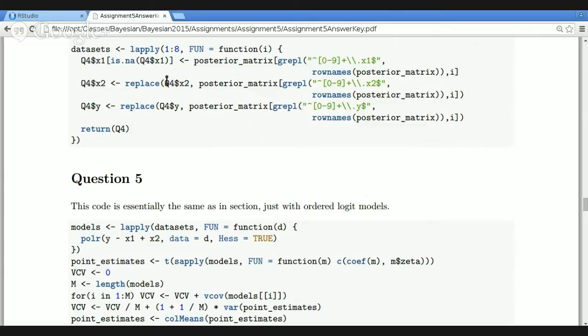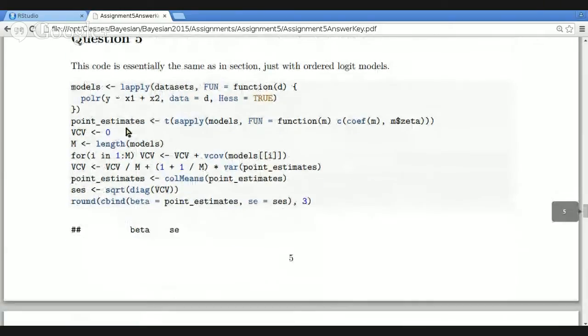We pass in the X2 from the original data set that has the NAs, and we supply it with 1 imputation for each of the 25 values that are missing on that. Basically the same thing with Y, and then return the whole thing as a data frame. And now we have 8 completed data sets that don't have any NAs in them.